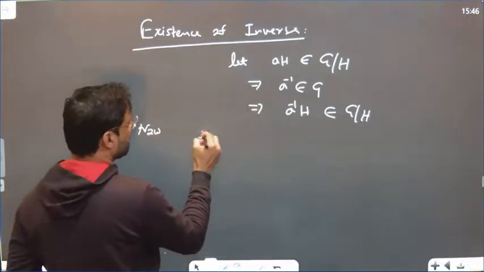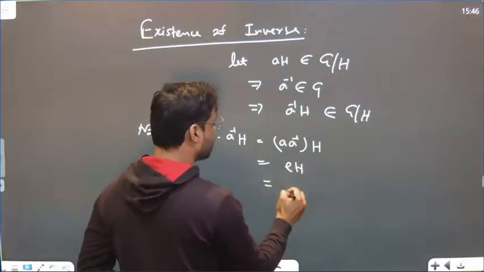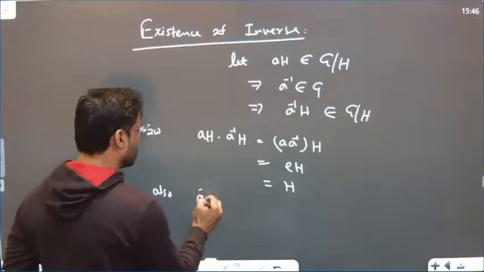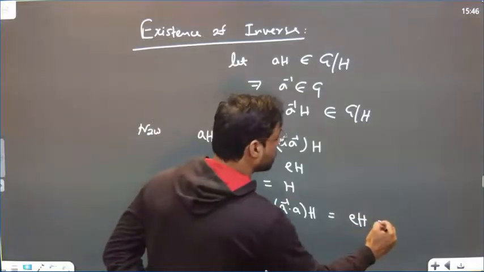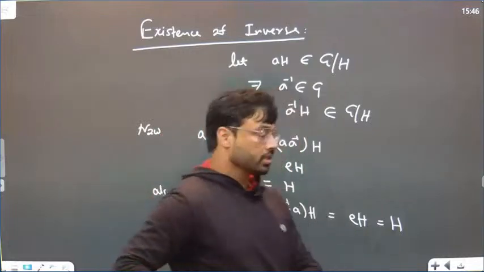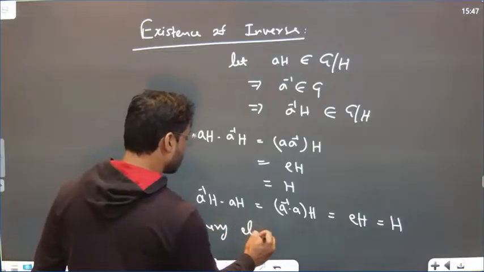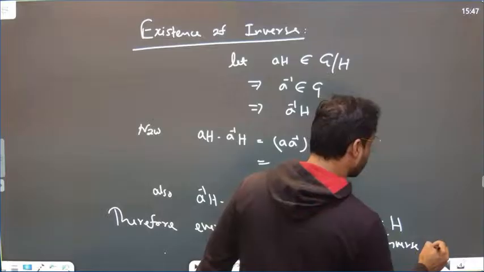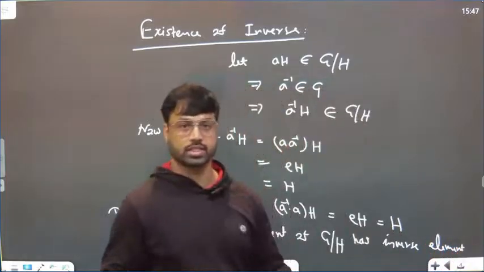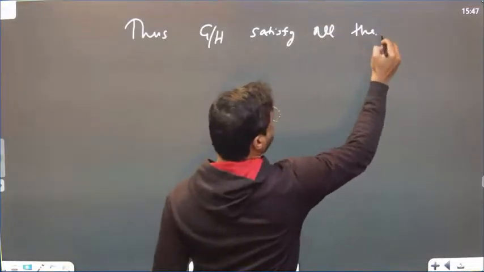Now we'll see that aH dot a inverse H equals a a inverse H equals eH equals H. Also, a inverse H dot aH equals a inverse a H equals eH equals H. So both side conditions of the identity element hold, and therefore every element of this set has an inverse element in the quotient set, and thus this set satisfies all the conditions of a group.